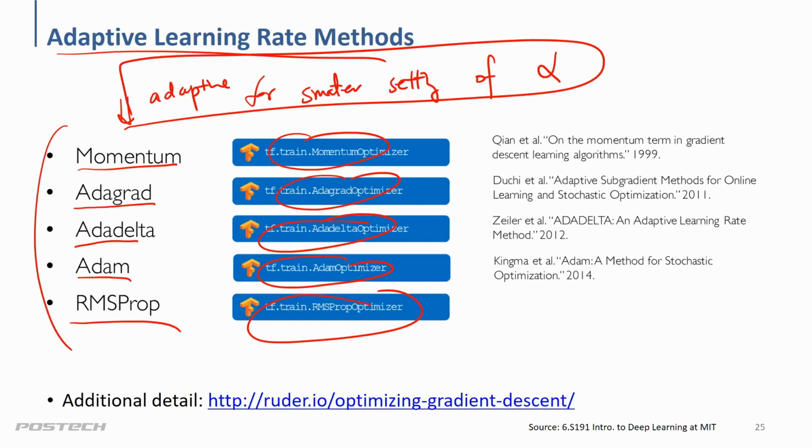Most likely we're going to use the Adam optimizer a lot in these lectures, but you don't have to stick to Adam. Just think of it as one of the adaptive optimization methods dealing with adaptive learning rate alphas. And if you want more details, go to this website to see the detailed explanation of the different adaptive methods.